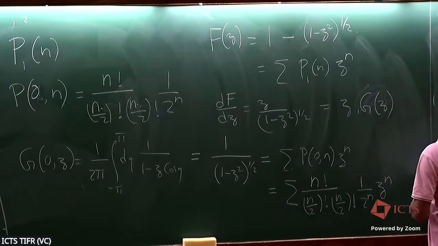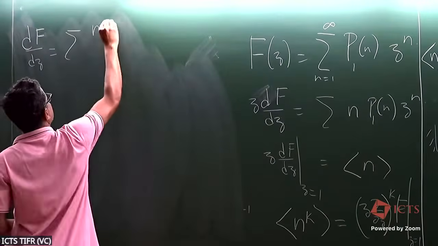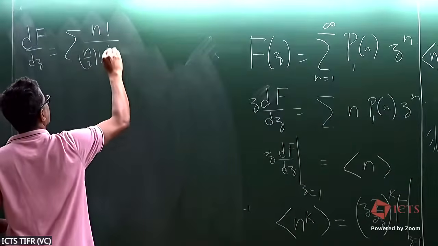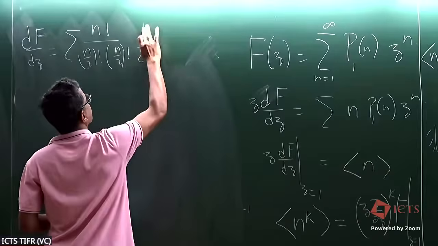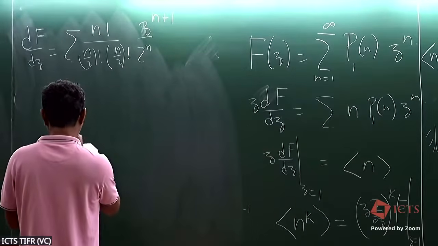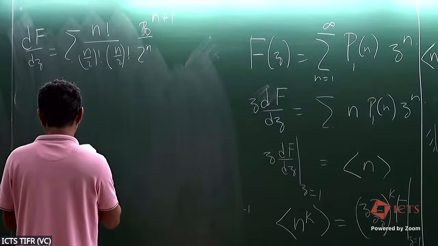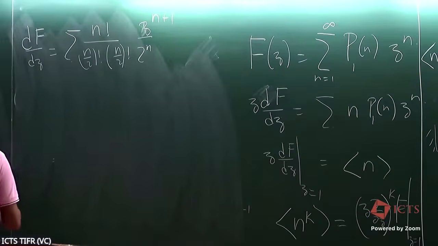Since we know the series for g, we can write df by dz as a series.